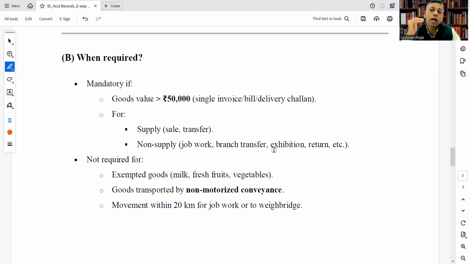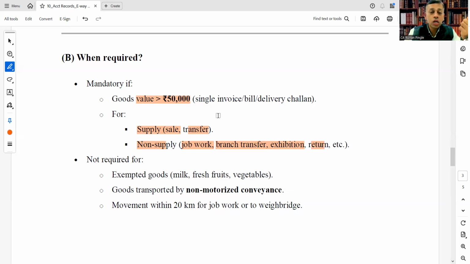So limits are a little different state to state, but generally it is goods value more than rupees 50,000 for supply, that is sale, transfer, or non-supply, that is job work, branch transfer, exhibition, return, etc.